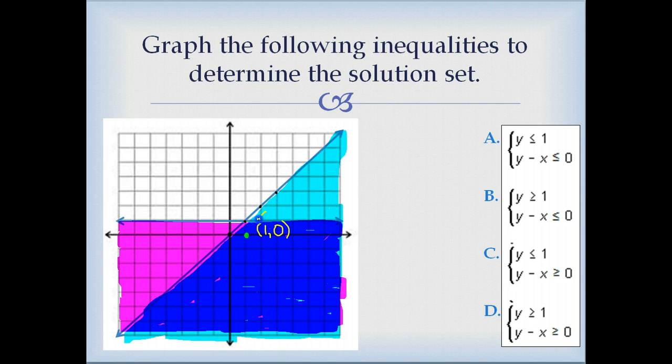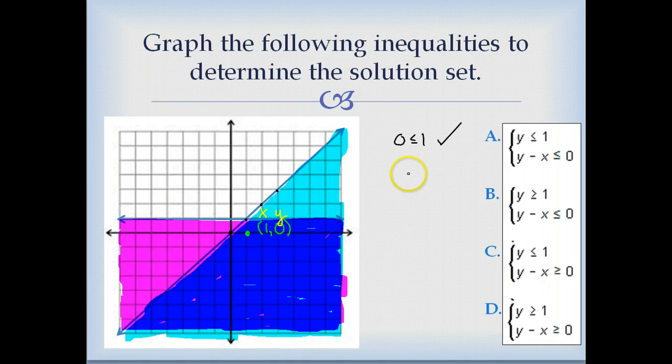So I'm going to plug in an x value of 1 and a y value of 0 until I get the one that's true, and then I know that's my answer. So for A, my y value is 0, and I'm asking myself, is 0 less than or equal to 1? Check. Yes, it is. Then I move on to my second equation.